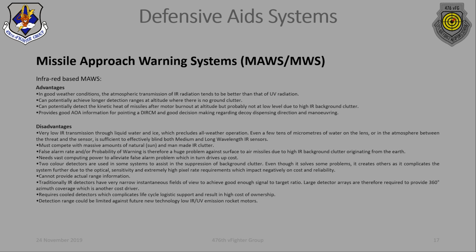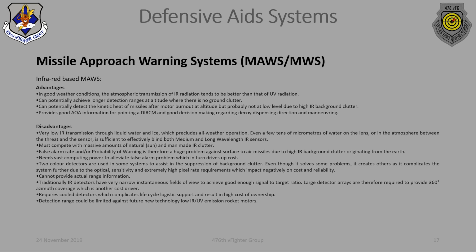Okay, so of the two other MAWS types, then, infrared is the first one we'll cover. Not massively used. It was one of the first ones developed, really, but it's not massively used. It's effective in clear weather. However, because it uses IR, it's subject to moisture attenuation and stuff like that a lot more than the UV.